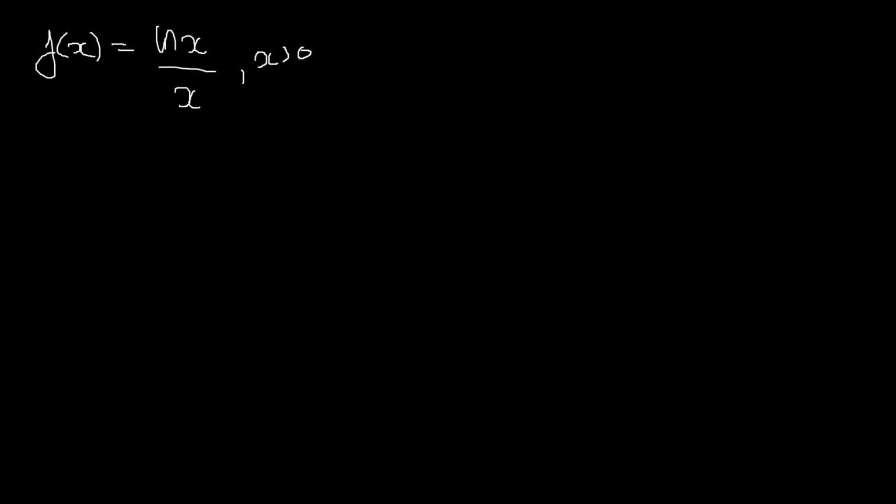So to differentiate this, we have u is equal to ln x and v is equal to x. So u prime is just 1 over x and v prime is simply just 1.